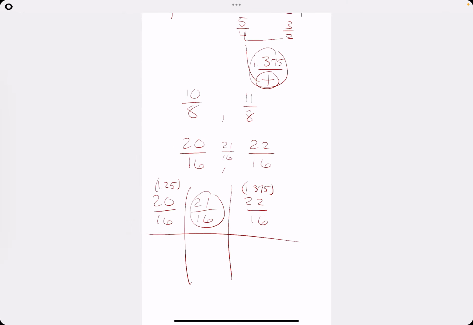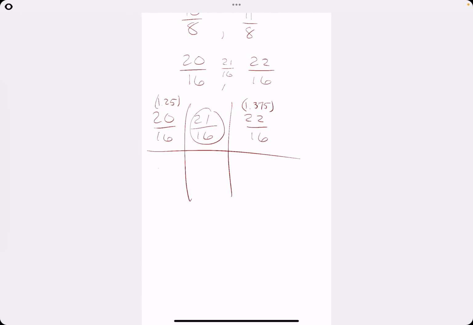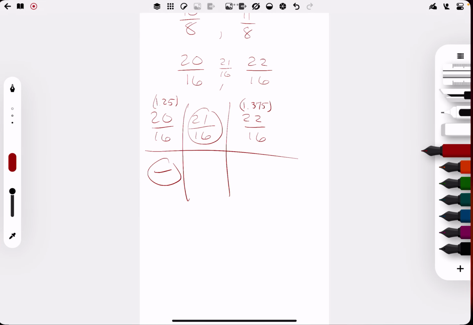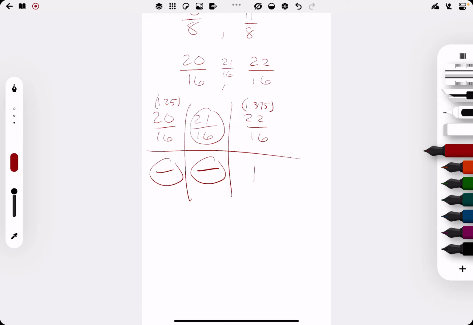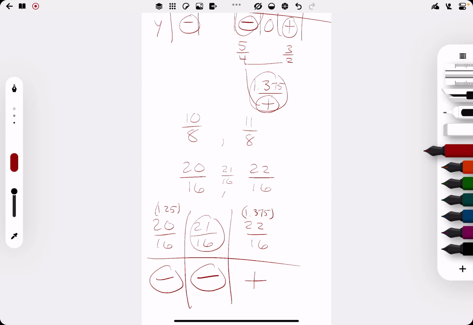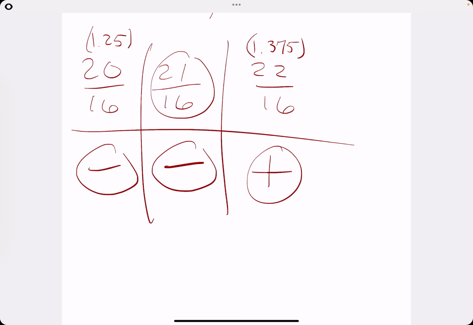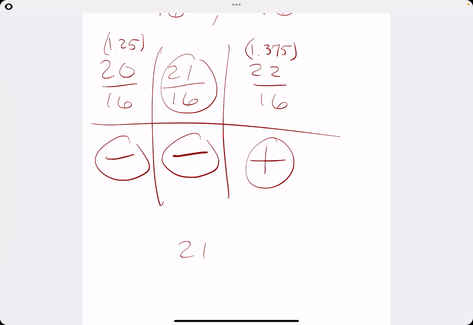All right, so at 1.25 we had a negative. We just found that 21/16 is also negative, and 22/16 was positive, I believe. Yeah, so this means the root lies between 21/16 and 22/16.